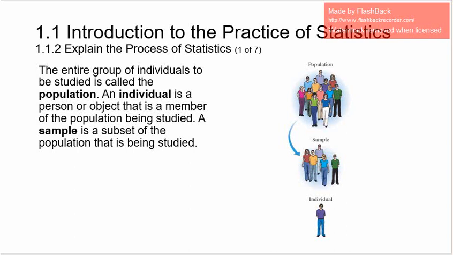A sample would be the 50 people that you are going to choose to represent the entire population. And in fact, a population is not only a group of people, it could be a group of anything, for example, cars, birds, or animal species.